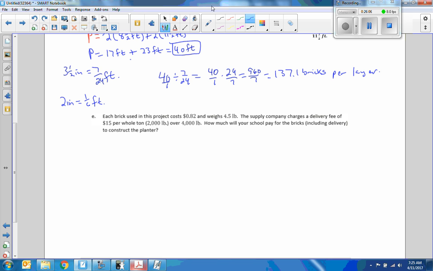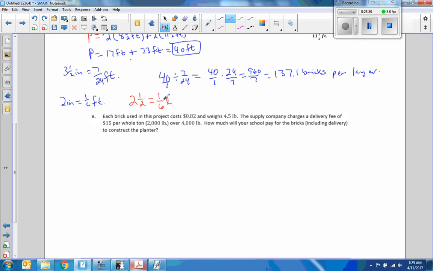So what I need to do is take 2.5 feet, the height of the planter, and make that equal to 1/6 L. So we're doing 2.5 feet equals 1/6 L. I need to find the L.